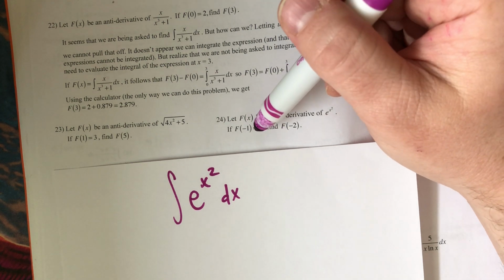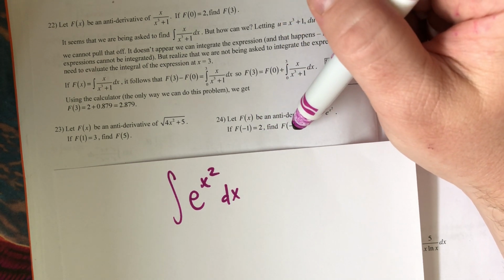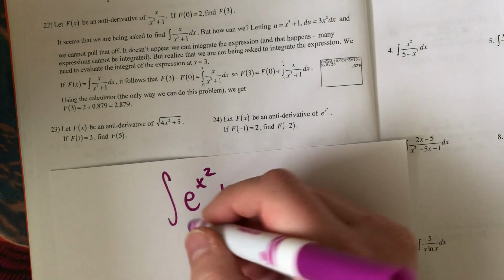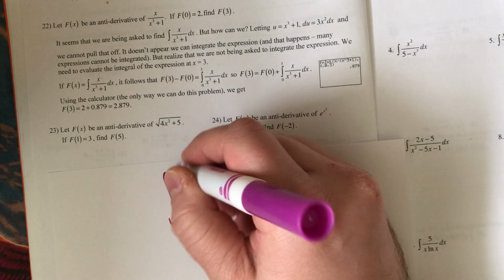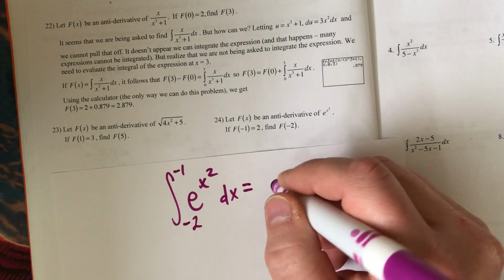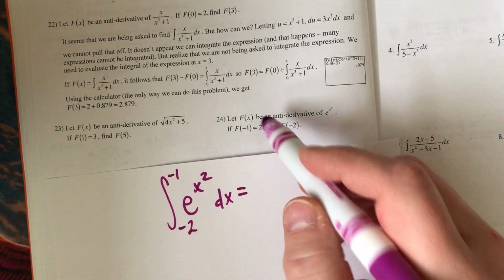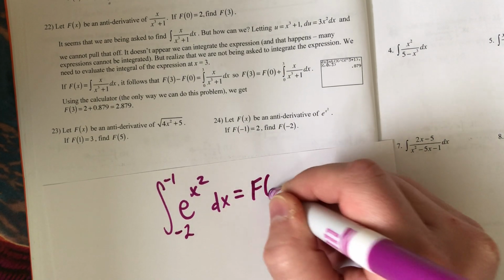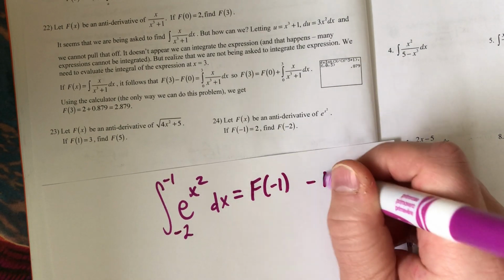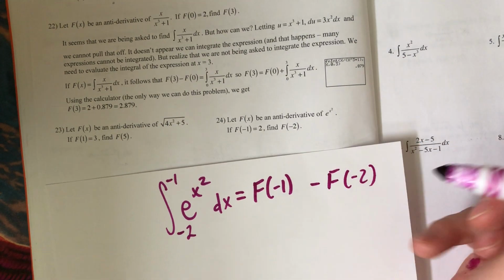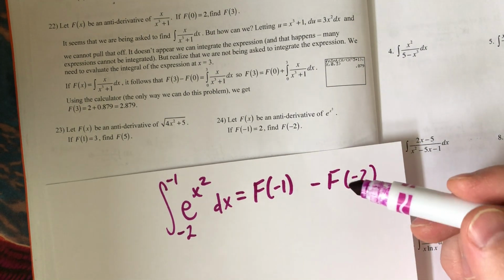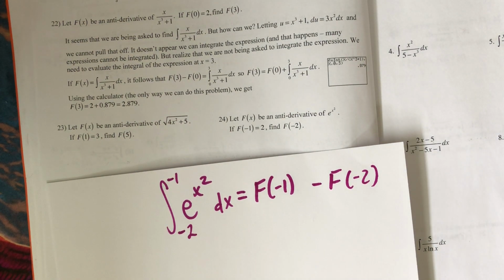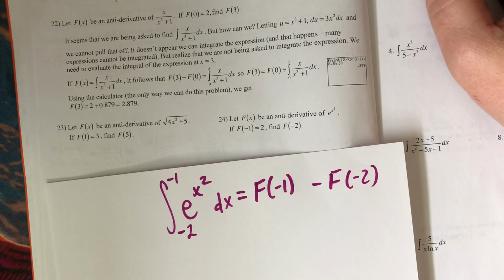If F of negative 1 is 2 and we want to find F of negative 2, then I could just go from negative 2 to negative 1. Since capital F is an antiderivative of this, I could just say it's capital F of negative 1 minus capital F of negative 2, and go to my calculator and plug this in and get a number, even though it's not integrable.